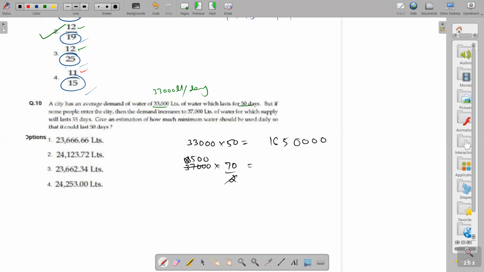I've messed it up. It was 33 and 37,000. Okay, fine. Now I will multiply. 7 5 is 35, 7 8 is 56, 59, 7 1 is 7, 12.